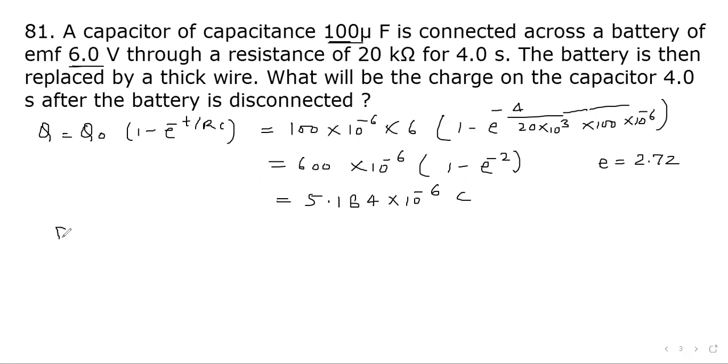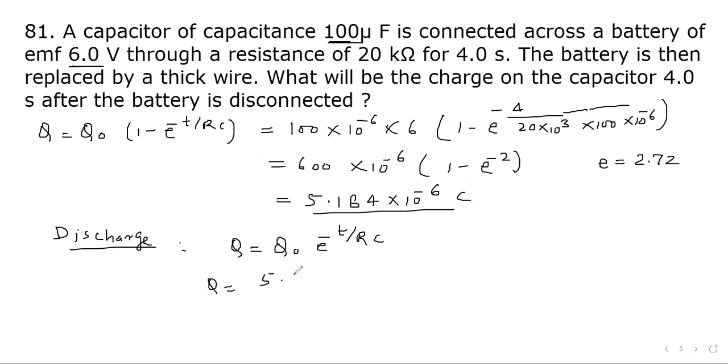Now, in case of discharging, Q equal to Q0 e to the power minus t upon RC. So we take this as Q0 this time. So Q equal to 5.184 into 10 to the power minus 6 into e to the power minus t upon RC.